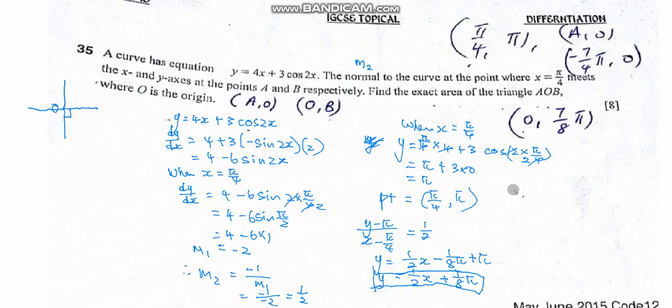Now we have to find the x-intercept. The x-intercept is when y equals 0. So 0 equals half x plus 7 over 8 pi.